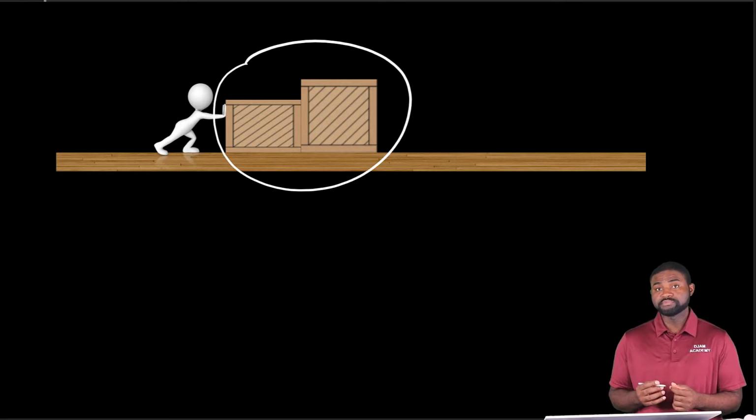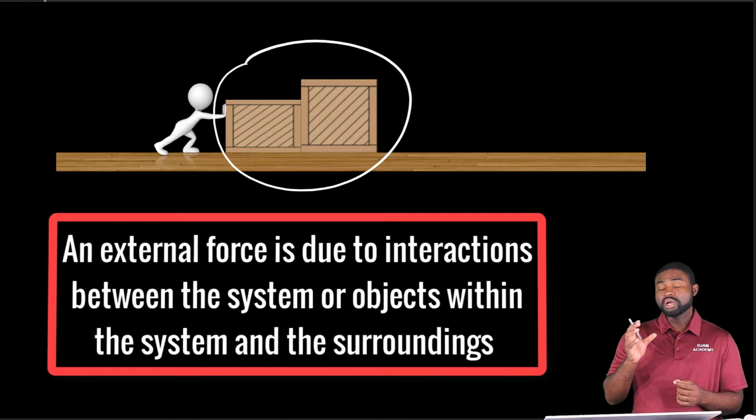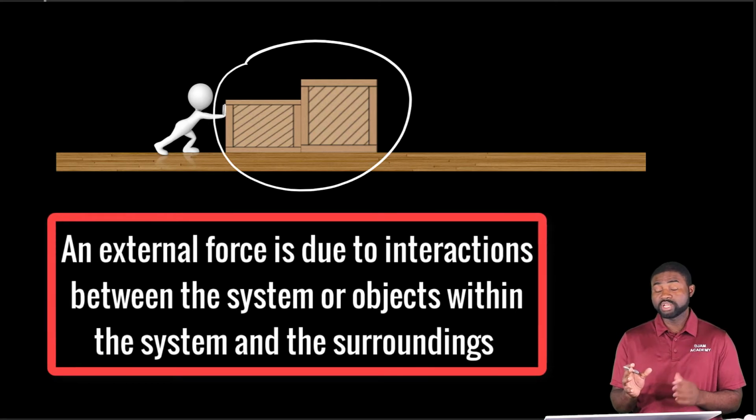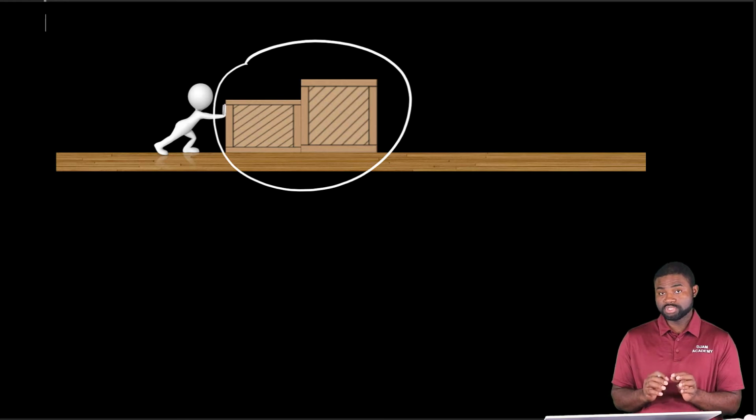Now, here's the thing. When a system interacts with an object outside of the system, it generates what we call external forces. But when one part of a system interacts with another part of the same system, it generates what we call internal forces.